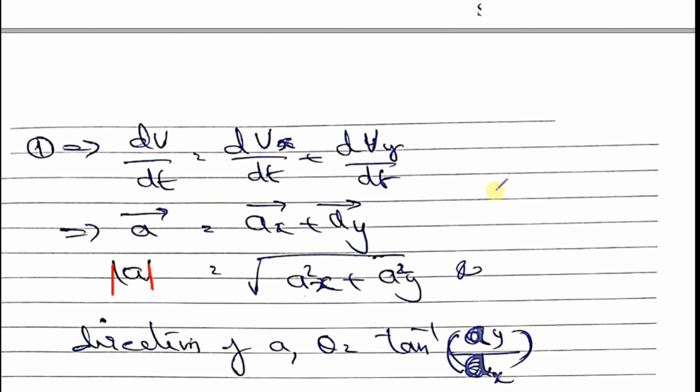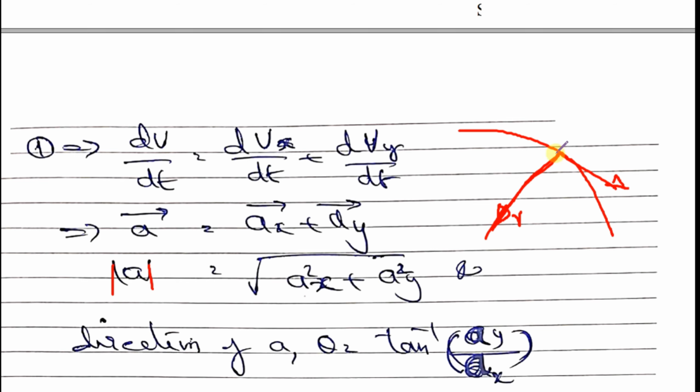Say, for example, if a body is moving along a curved path of radius r, then it will have a tangential velocity like this, and obviously if the velocity is changing with respect to time, it will have a tangential component of acceleration, and it should have a normal component of acceleration also, like this.